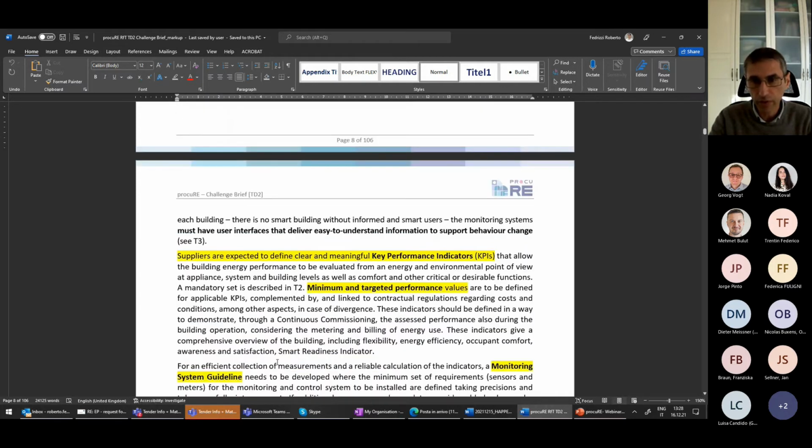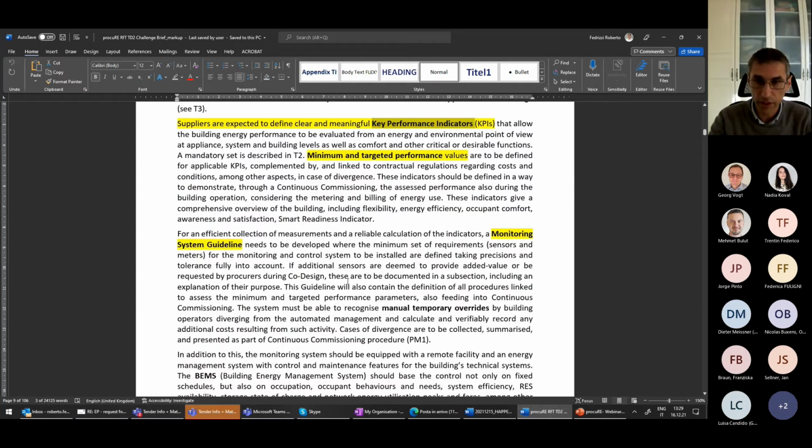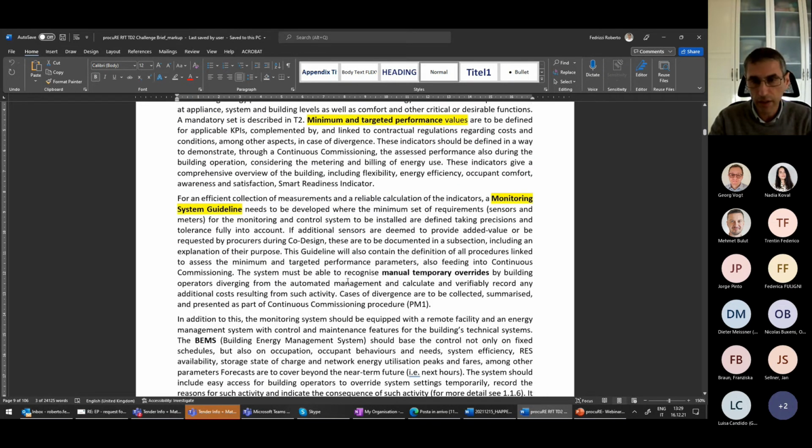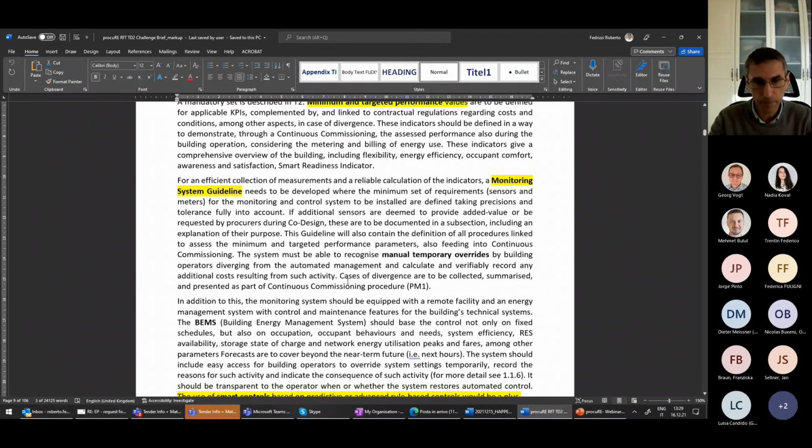And we would like to also receive clear key performance indicators that are going to be used to set minimum performance values that are expected during the design phase and tracked during the monitoring, say after the commissioning of the systems, through monitoring and control of the systems themselves. We also expect a monitoring system guideline, which is going to be used then by the facility managers.